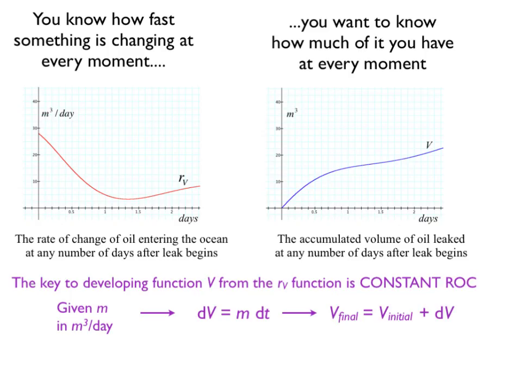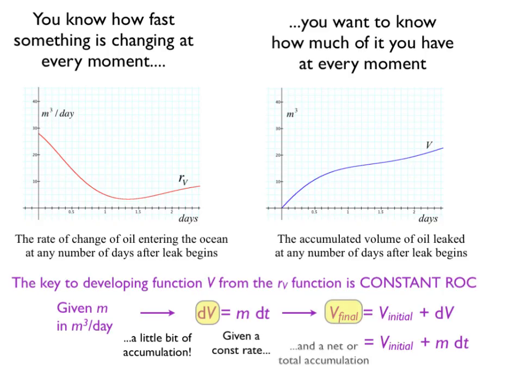And given that we calculated a little change in volume, we know that some new value of volume is an old one plus the change. So given a constant rate, we can get a little bit of accumulation, and then we can calculate a net or total accumulation. So what's the key to all this? Constant rate of change is the key. Without constant rate of change, we can't do these calculations to do accumulation.